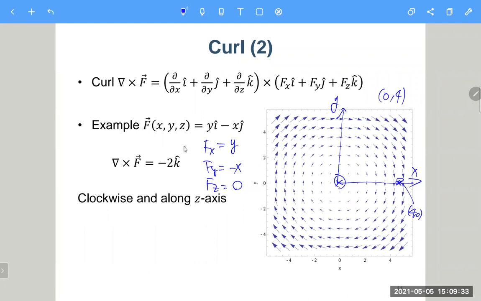You'll find that minus k hat is the rotational axis. And then you can use the right-hand rule to imagine how the vector field behaves. So only according to this, you can tell that it is rotating clockwise about the z-axis.